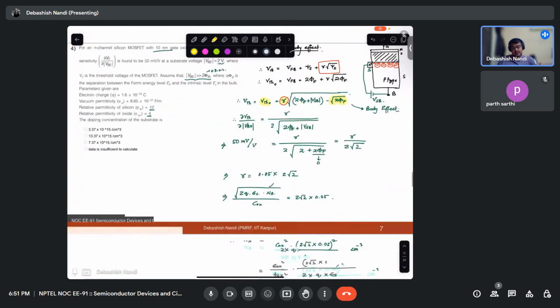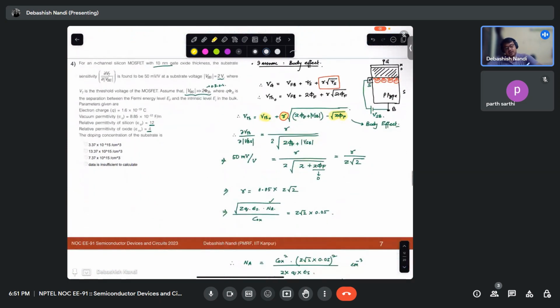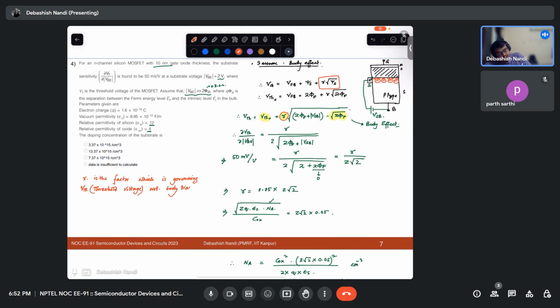Okay. So another thing, the significance of gamma is that gamma is the factor which is governing VTH or threshold voltage with respect to body bias or VSB.